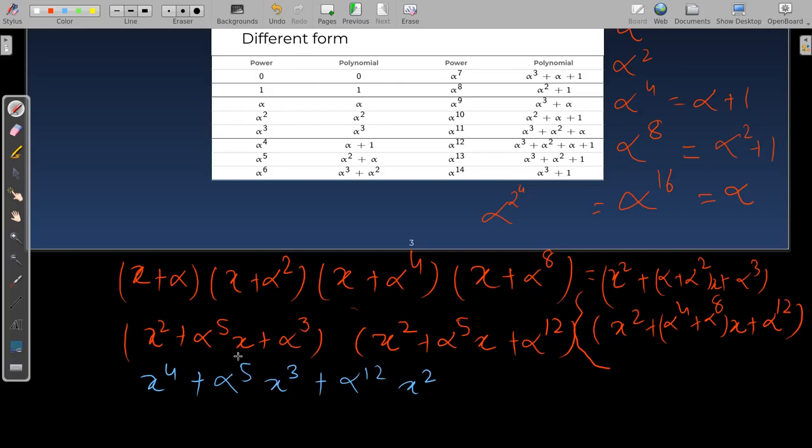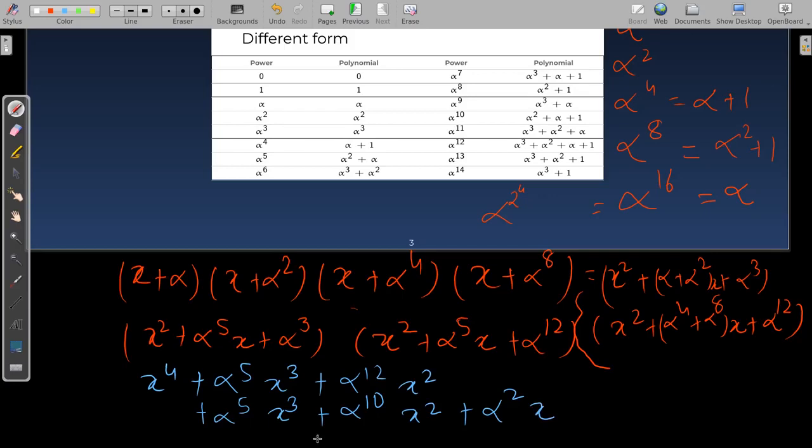Then I am going to multiply with this, and I will have α⁵ x³ + α¹⁰ x² + α¹⁷ x, which is equal to α² x only, right?